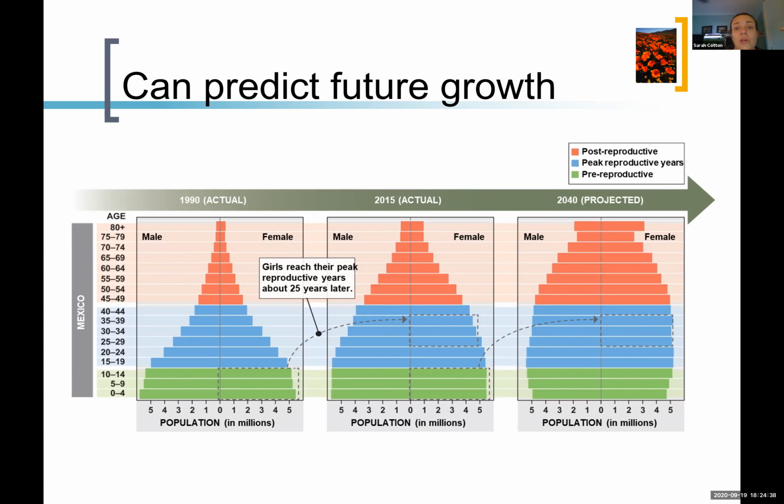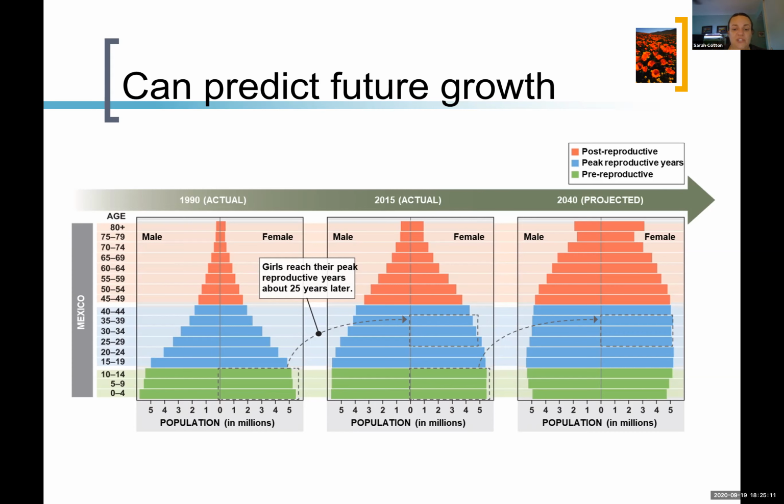Now we're looking at a different country, Mexico. What we're looking at here is actual data from 1990 and actual data from 2015, and then this is projected based on this previous information. The important thing to remember is that as time passes, people move up the diagram.